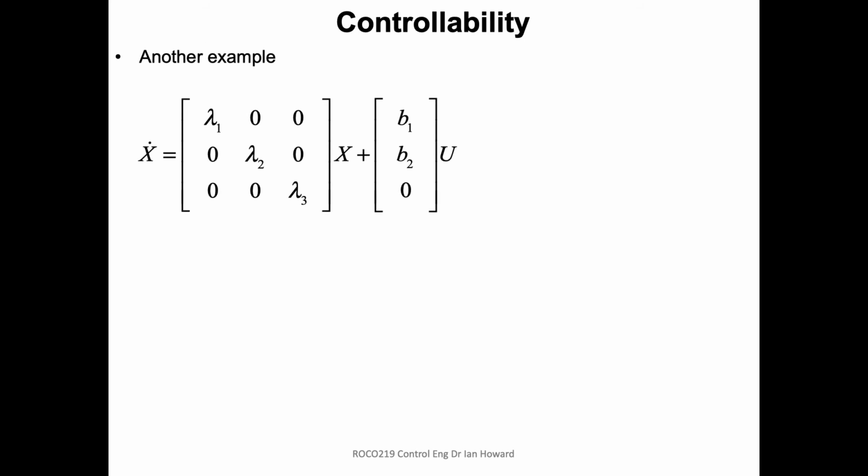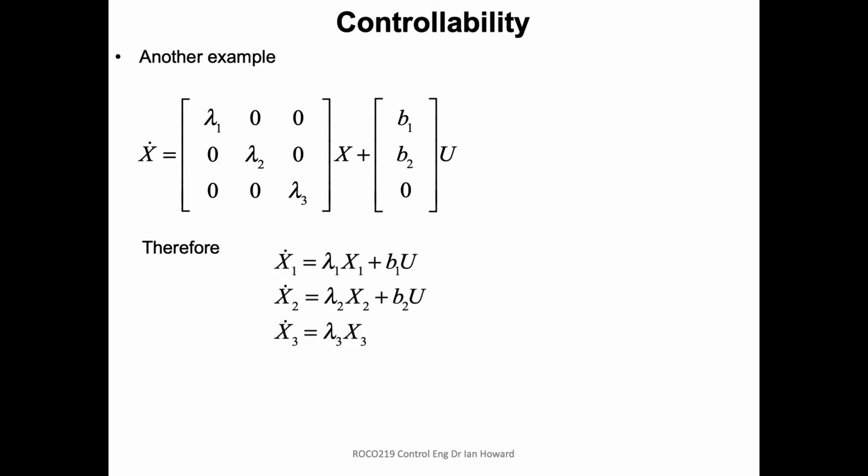Let's think of another example where that's not the case. Again, let's think about an uncoupled system where we have a diagonal A matrix, and in this case we have a B vector which has a 0 element in it. We can write down one more time what the x dot terms look like. x dot 1 is lambda 1 x1 plus b1u. x dot 2 equals lambda 2 x2 plus b2u.